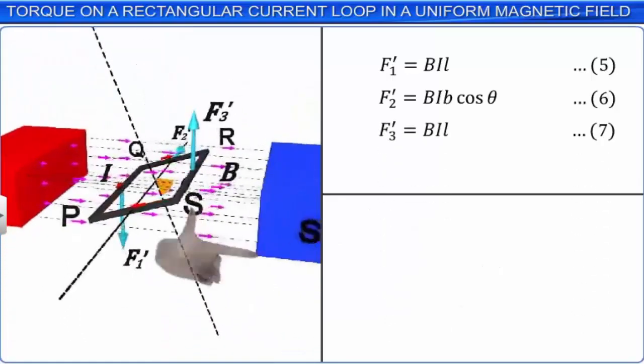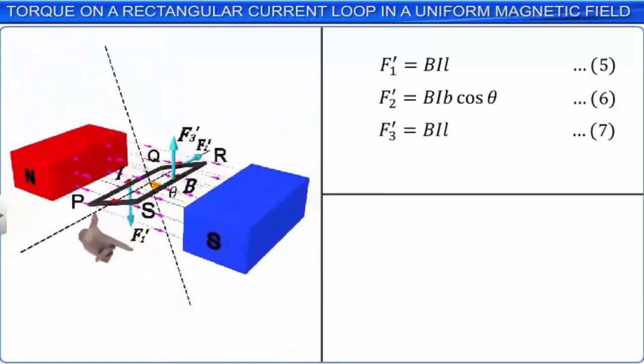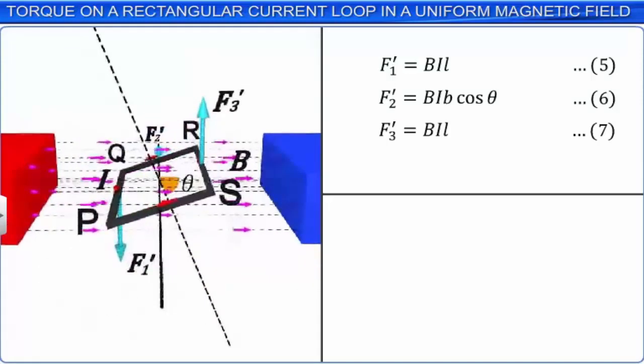Using Fleming's left-hand rule, we find that the force acts upward in a direction perpendicular to the plane containing current and magnetic field. The direction of current through the arm SP of the loop makes an angle 90 minus θ with the direction of the magnetic field.